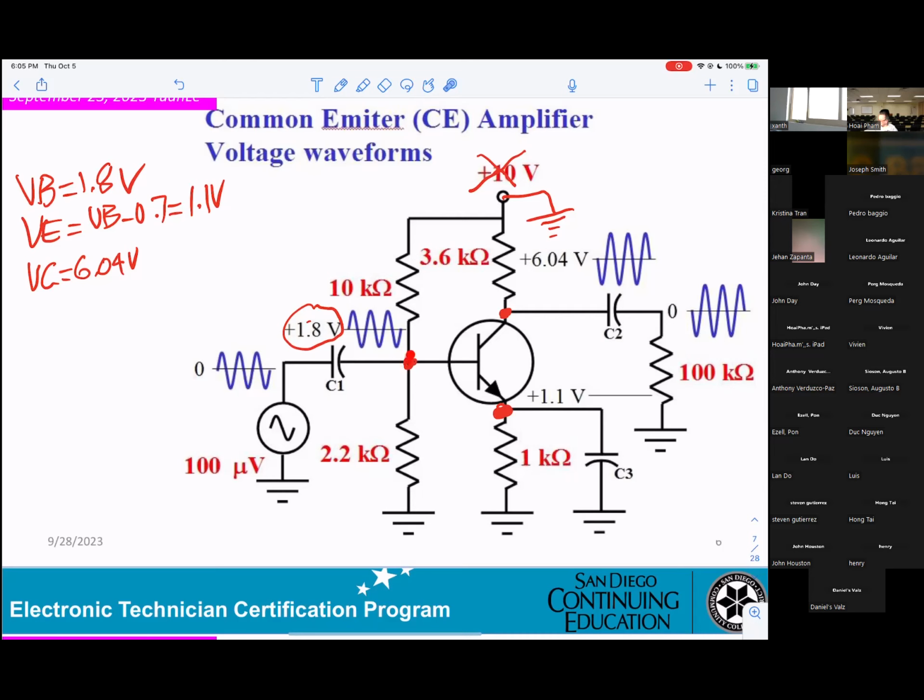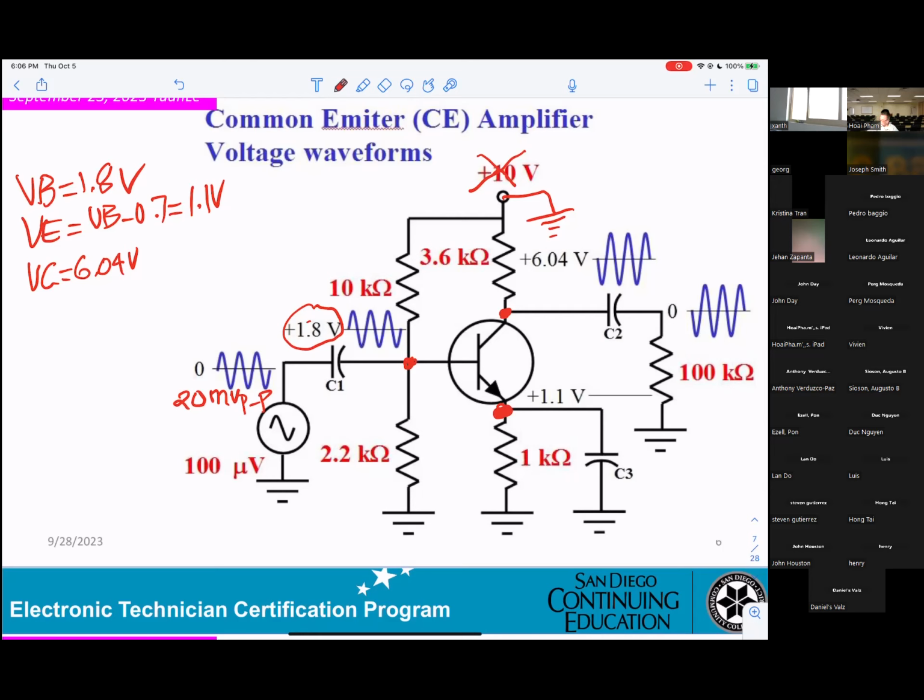Also, the AC goes to here. I can give an example: 20 millivolt peak to peak. That means sideways. 20 millivolt peak to peak.